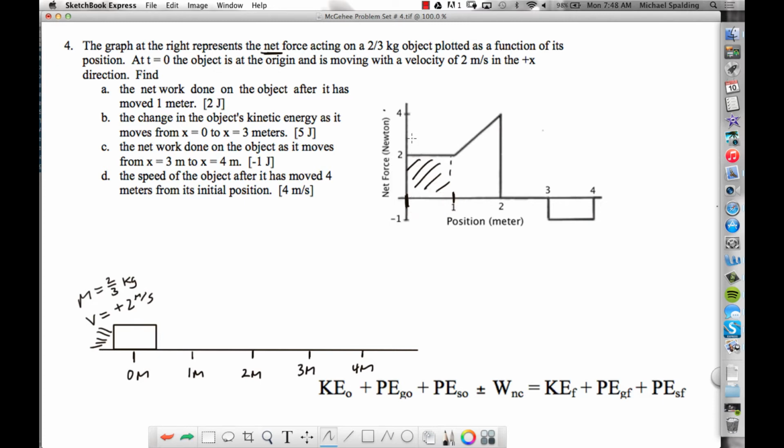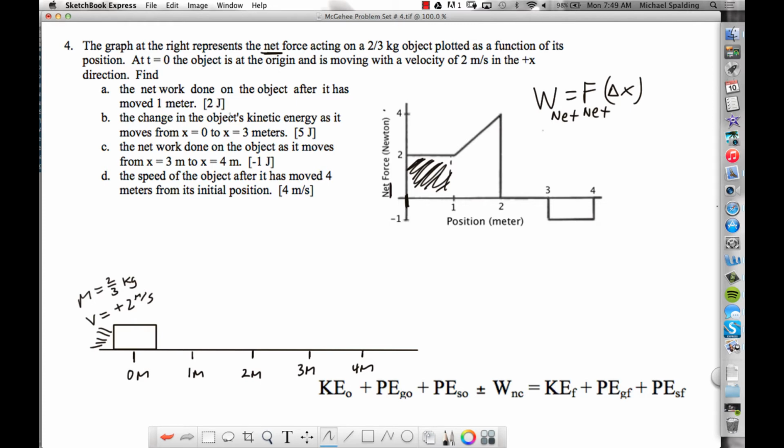What's force times displacement? Work. So since this is net force, work equals force times displacement. Since the graph is giving us the net force, this must be the net work. Does that make sense? So the answer to the first question is simply the area under this graph, which is 2 joules.